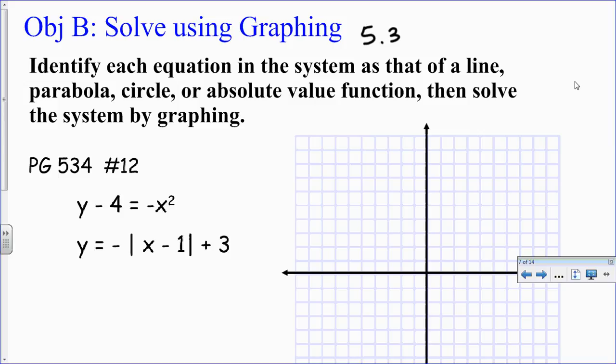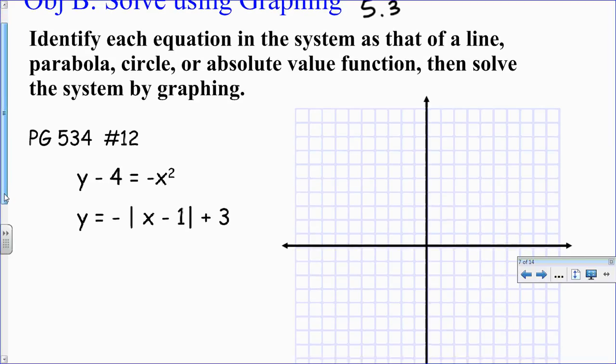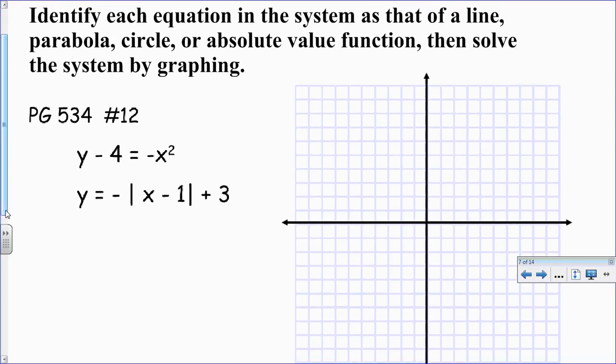Okay, so the first thing it says to do is identify each equation as a line, parabola, circle, or absolute value. So let's look at our first one. Is that a line, circle, parabola, or absolute value?